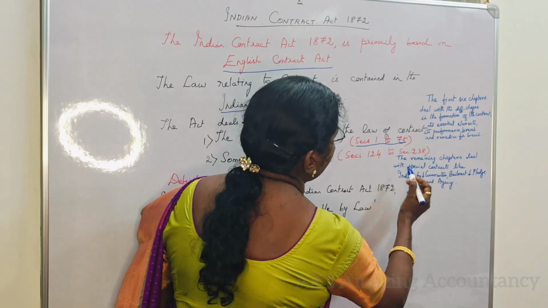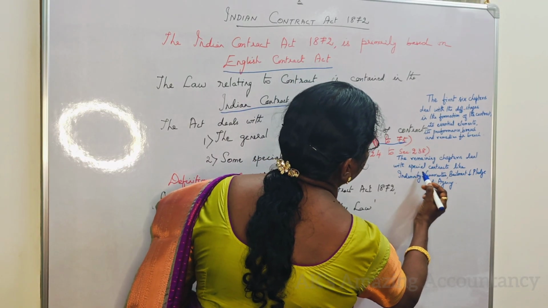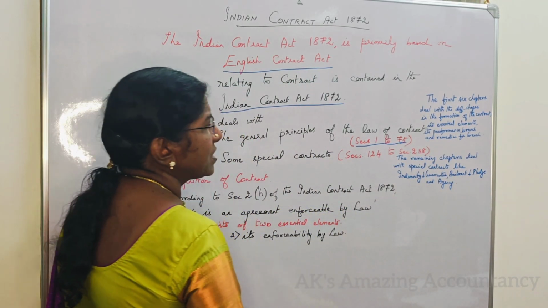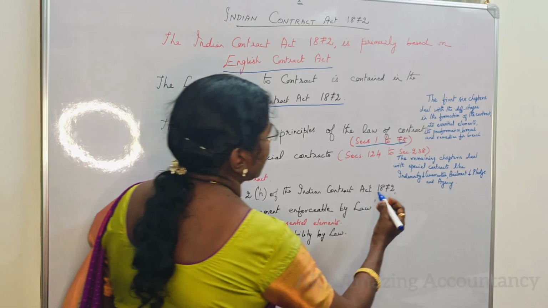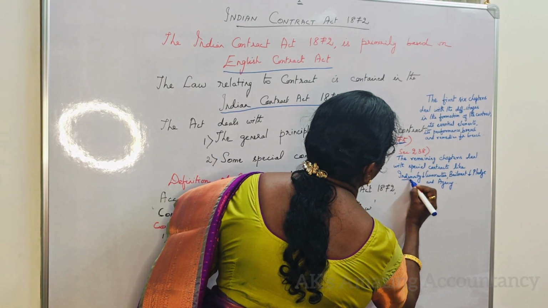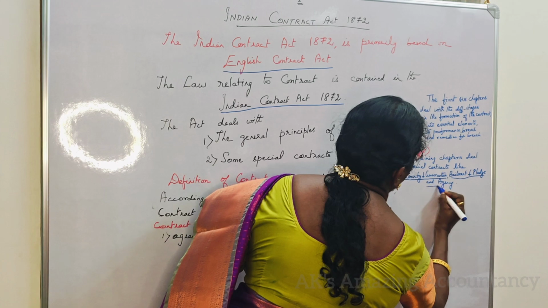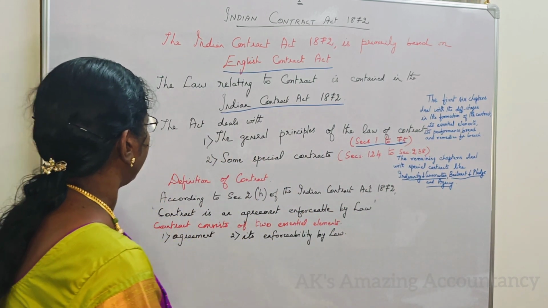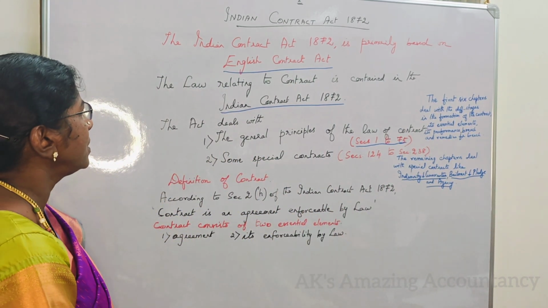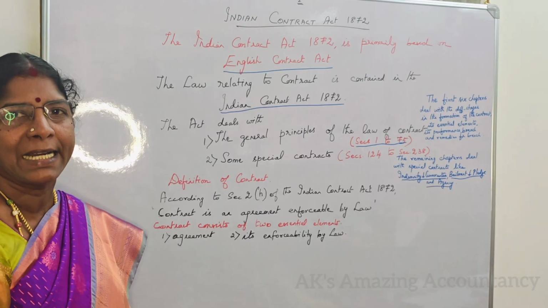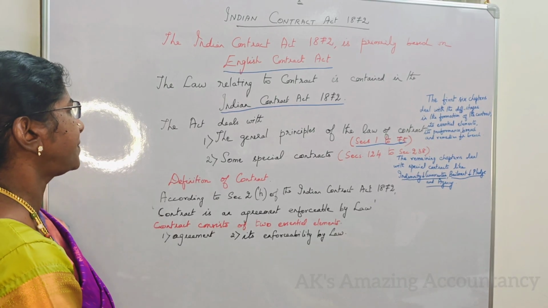So the remaining chapters of the Act deal with the special contracts. And what are the special contracts we have here? We have special contracts like indemnity and guarantee, bailment and pledge, and contract relating to agency. So this is about the Indian Contract Act 1872.